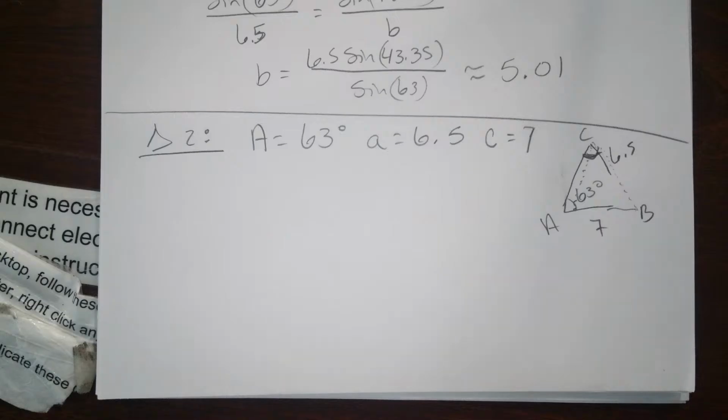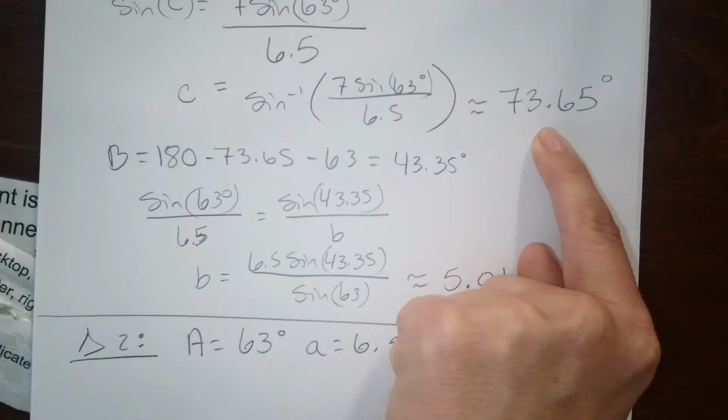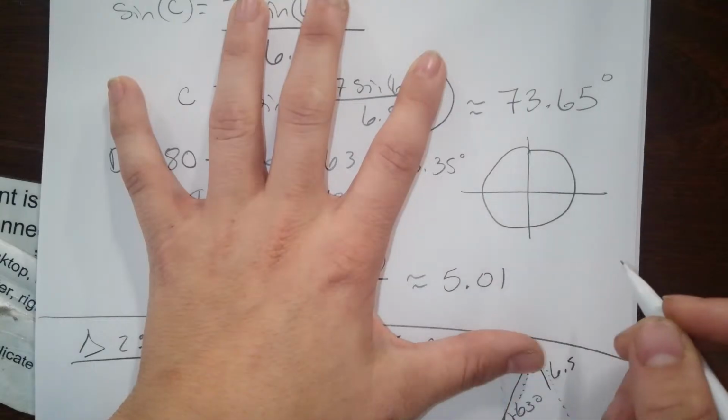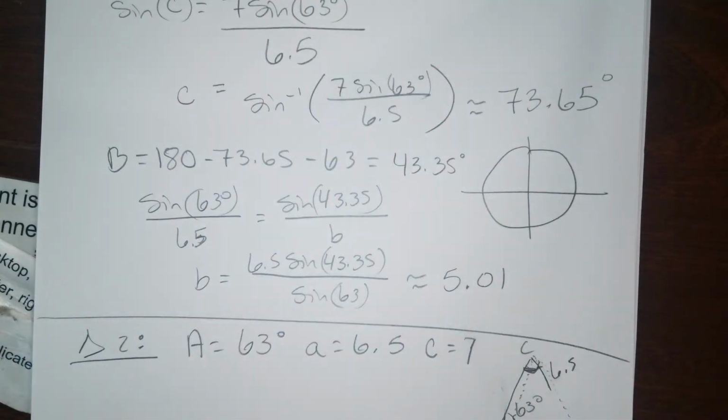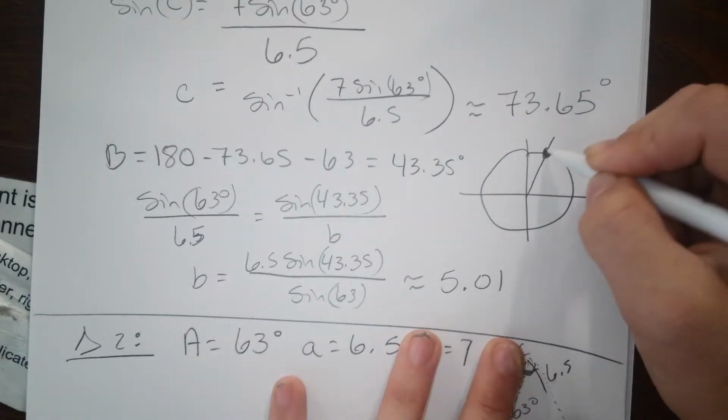So how can that happen? Remember sine. The first angle I found is 73.65 degrees. If I look on my unit circle, where's 73.65 degrees? First quadrant, somewhere right about here, right?